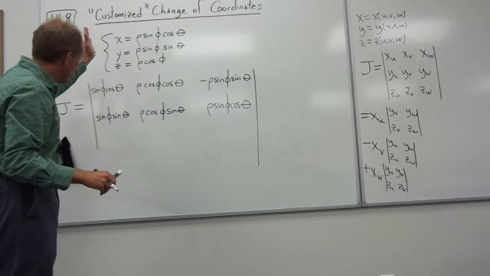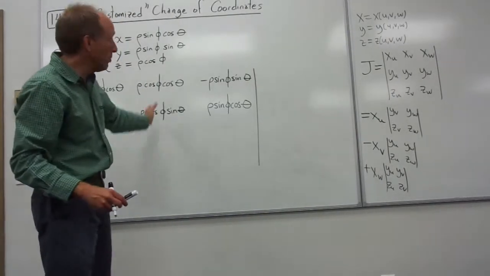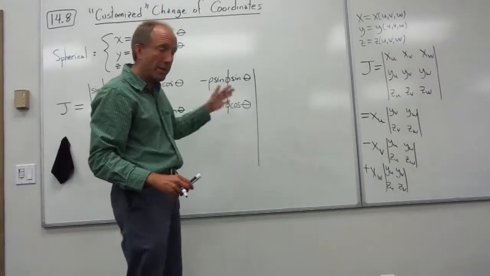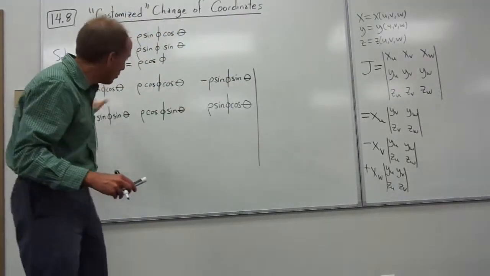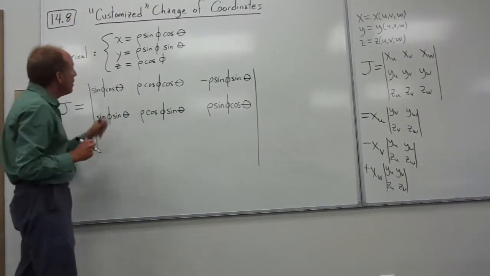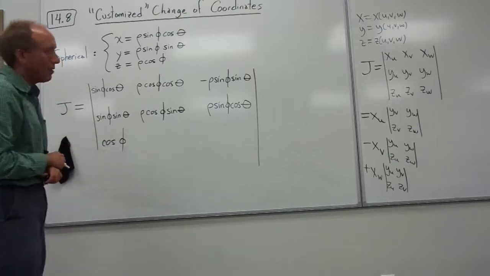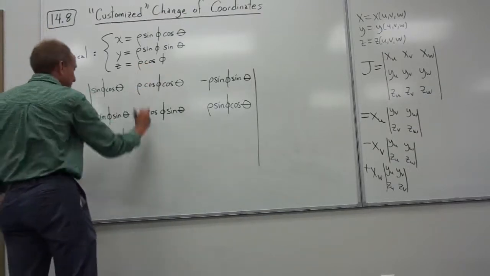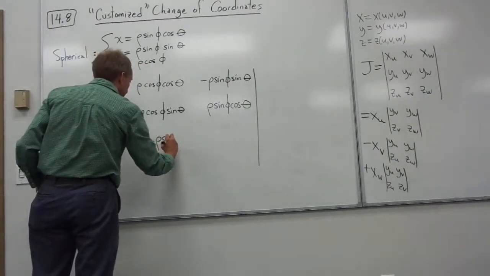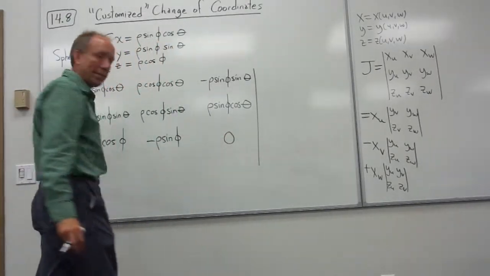So I'm differentiating with respect to rho in the first column, phi in the second column, and theta in the third column. If you need to pause the video to do these partial derivatives a little bit slower, that's totally fine. For the z variable, with respect to rho, it's going to be cosine of phi. With respect to phi, it's going to be negative rho sine phi. And with respect to theta, it's actually going to be 0.